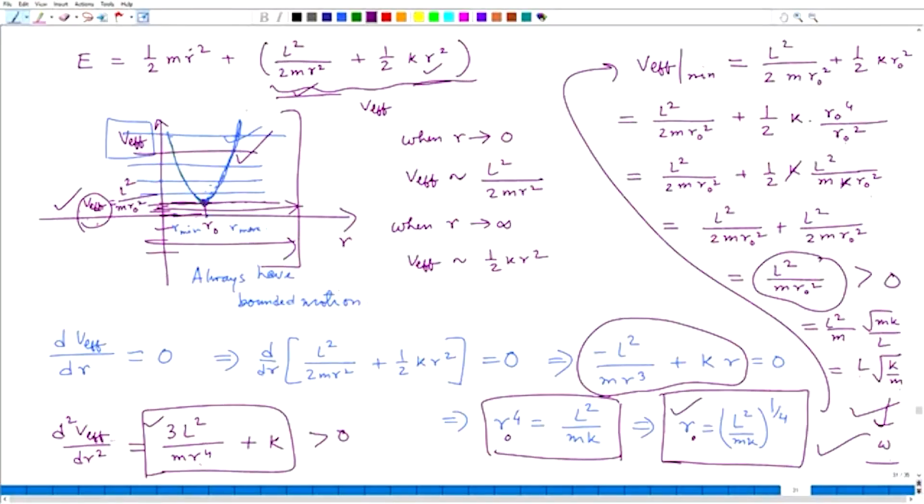So, the minimum possible total energy of the system will be exactly given by the V effective minimum, and at that point, the particle will actually perform a purely circular orbit. Okay.